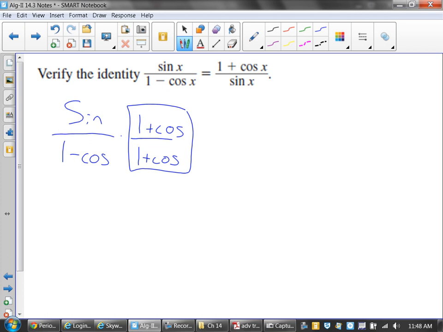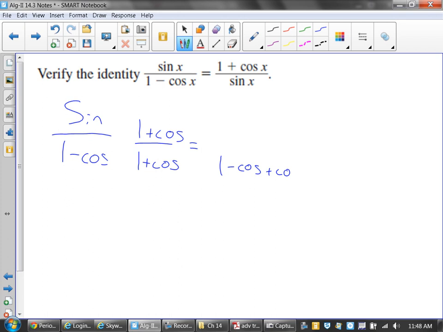Now, we have to FOIL. When I FOIL this out, I'm going to do this the long way one time. You should be able to pick up on the pattern. When I FOIL out the denominator, I'm going to get 1 minus cosine plus cosine minus cosine squared. Does everybody agree with me on that? What happens to the minus cosine and the plus cosine?